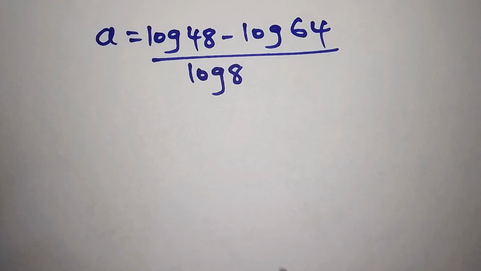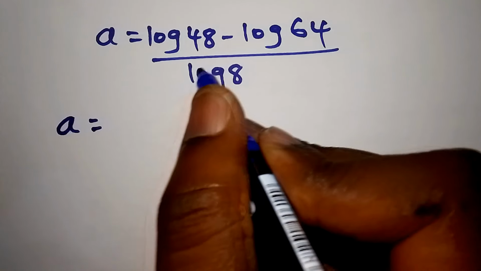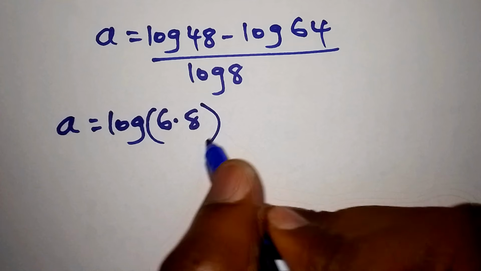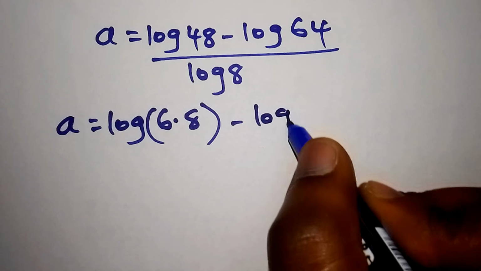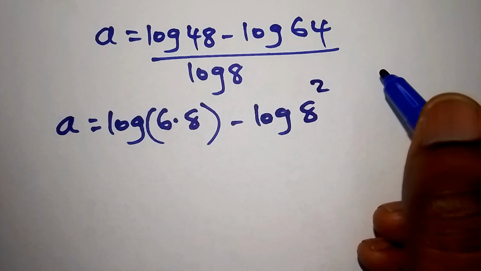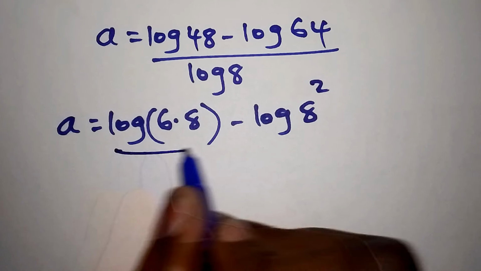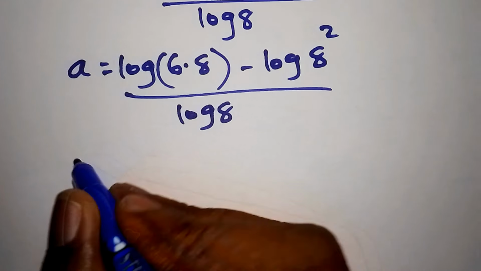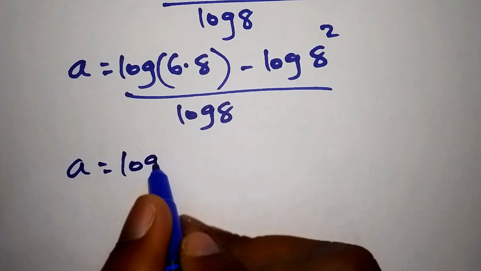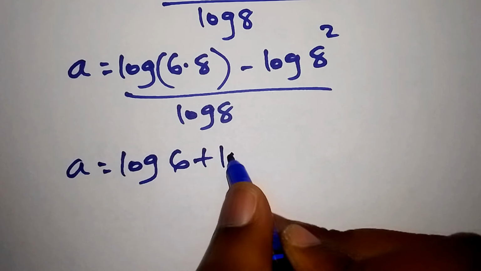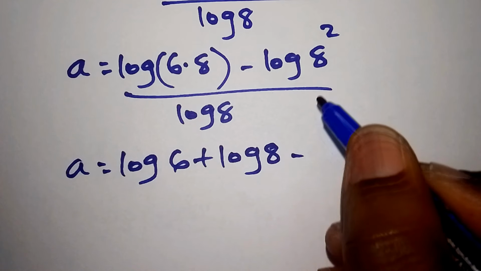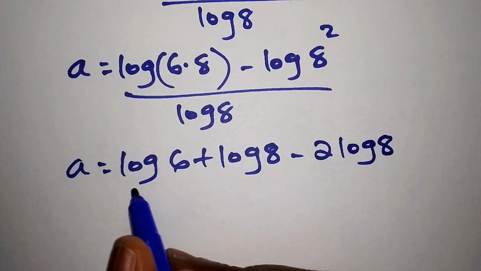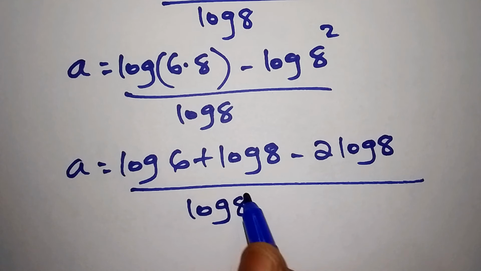The log of 48 can be written as the log of 6 multiplied by 8, minus the log of 64, which can be written as the log of 8 to the power of 2, because 8 multiplied by 8 is 64, all over the log of 8. So a is equal to the log of 6 plus the log of 8, minus 2 times the log of 8, all over the log of 8.